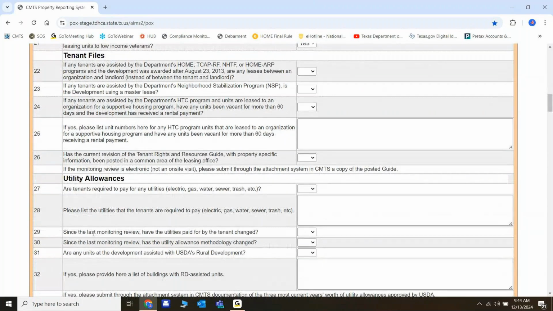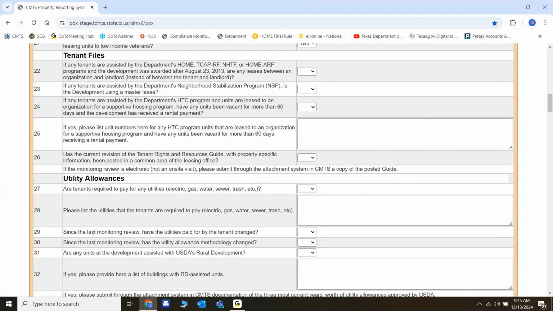This is just to help us understand what is going on with some of the leases, because there are some leasing requirements in your tenant files. So if you are operating a HOME, TCAP repayment funds, National Housing Trust Fund, or HOME-ARP program, and you were awarded funding after August 2023, are there any leases that are between an organization and a landlord instead of a tenant and a landlord?